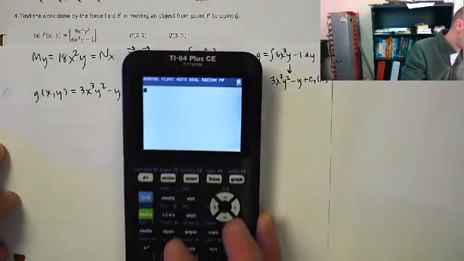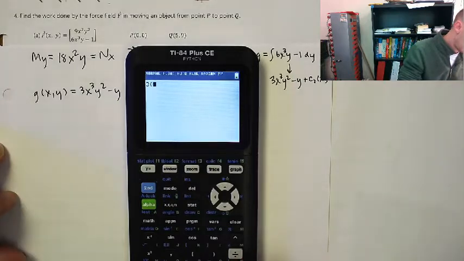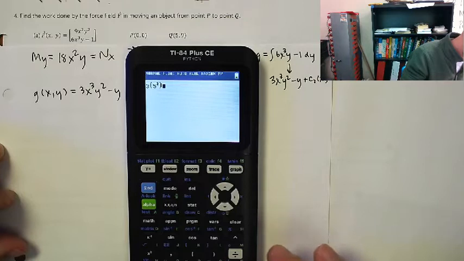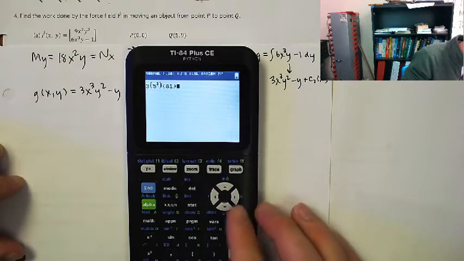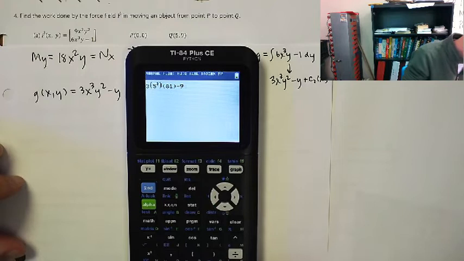So what we're going to do is plug in on this 3 times 5 to the 3 times 81, 3x to the 3, y to the 2, minus y. Okay, and I had to multiply by 3.